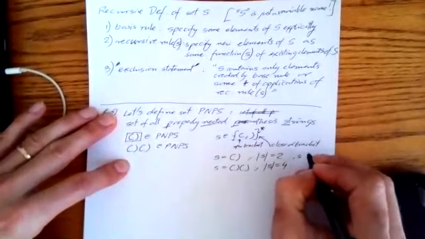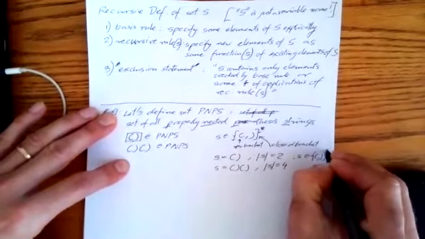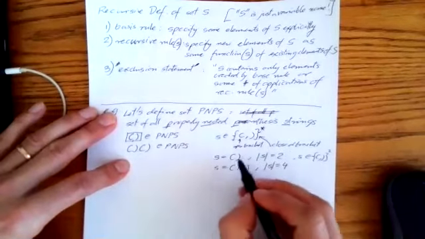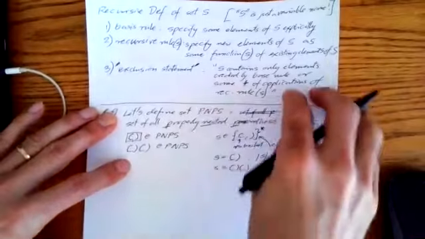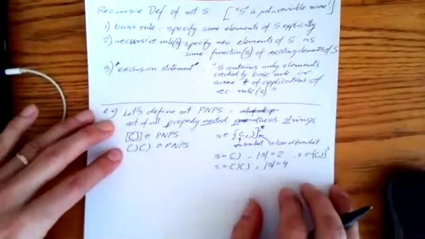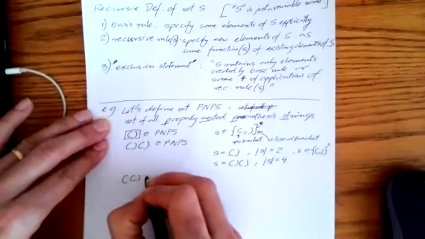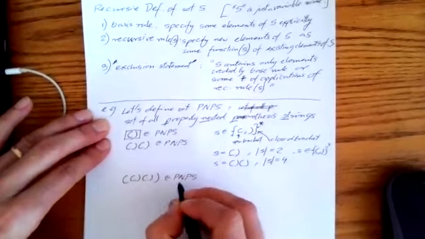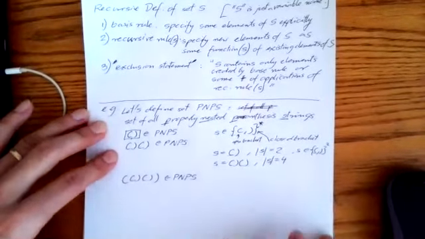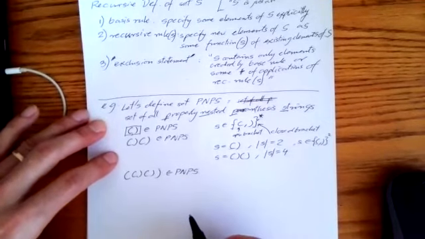So S belongs to this set, to 2, yes, because it has 2 elements. This one is in here, and this one is also in here. Hopefully you're with it. Here is another string that is in the set of properly nested parentheses strings.